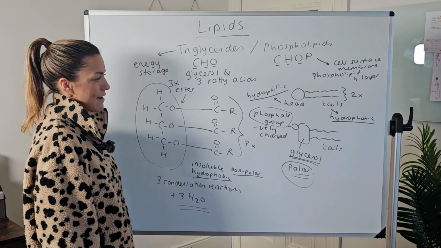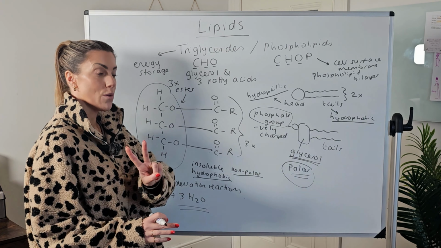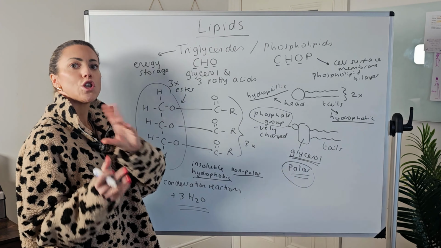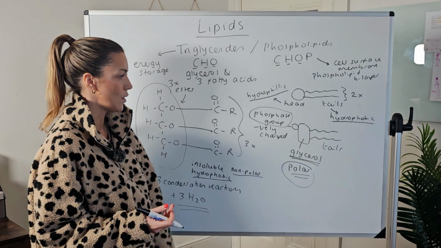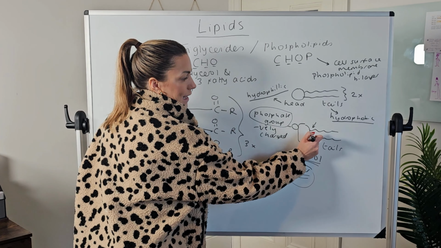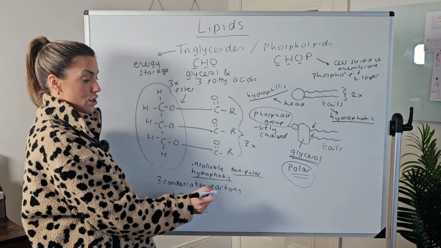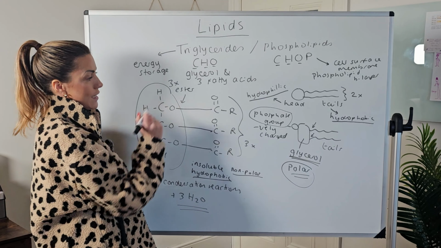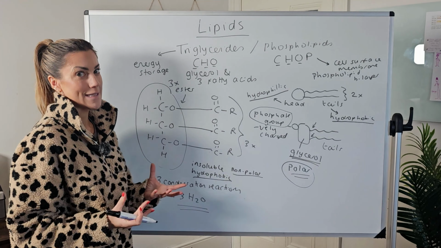Any other differences that I've missed, guys? I suppose we could say the phospholipid has 2 ester bonds. So we use 2 condensation reactions and remove 2 molecules of water to form 2 ester bonds here and here. Whereas the triglyceride has 3 ester bonds, so 3 condensation reactions, removing 3 molecules of water to make 3 ester bonds. But yeah, it could be like a 5 or 6 marker, that one.